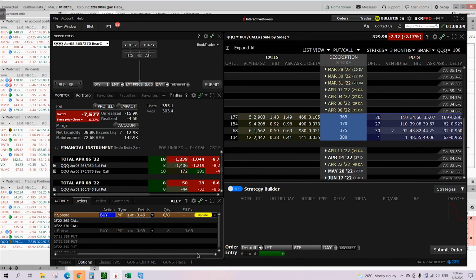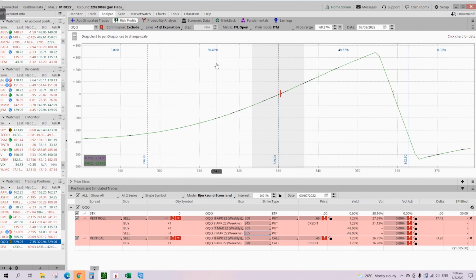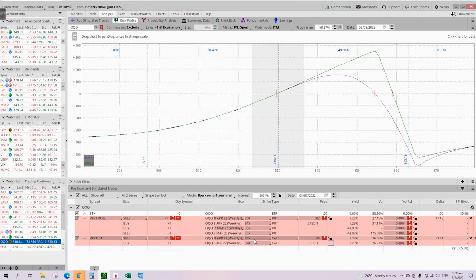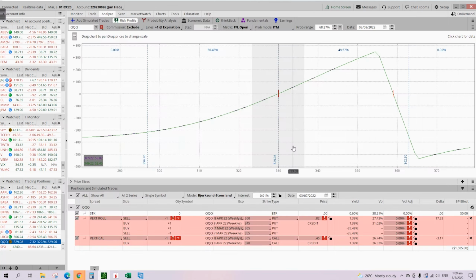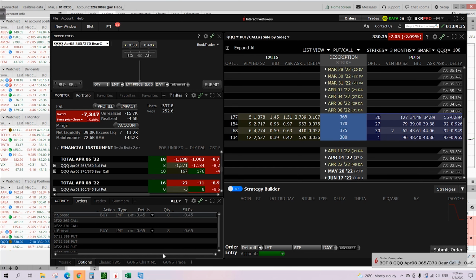I'm just going to continue adjusting the price and then wait for it to get filled. Order partially filled. Order filled. Alright, so we managed to get filled at 45 cents for each of the bear call legs.